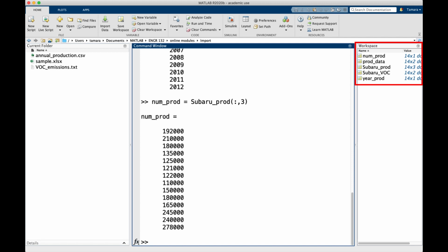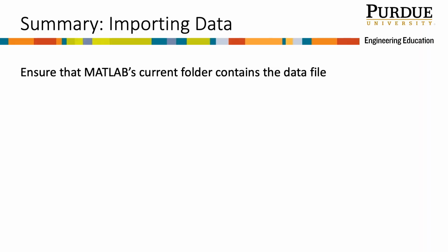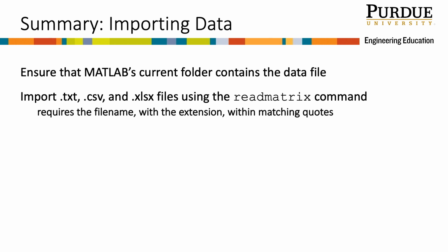In summary, we learned that MATLAB won't import data files unless the files are stored in the current folder. The command we use to import data is readmatrix, which requires the file name with the extension within matching quotes. Readmatrix will ignore rows that do not contain numeric data.